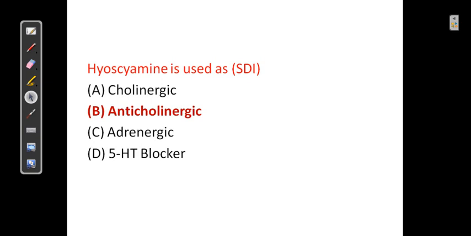Hyoscyamine is a tropane alkaloid obtained from Hyoscyamus niger and it has parasympatholytic activity. So it is used as an anticholinergic agent or anticholinergic drug.